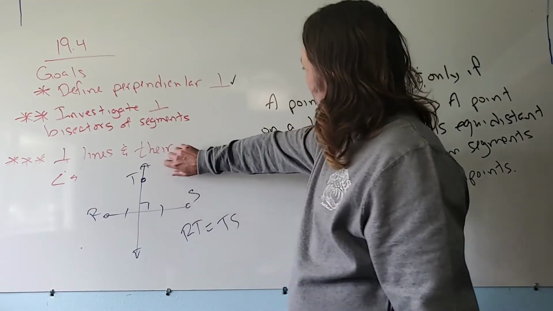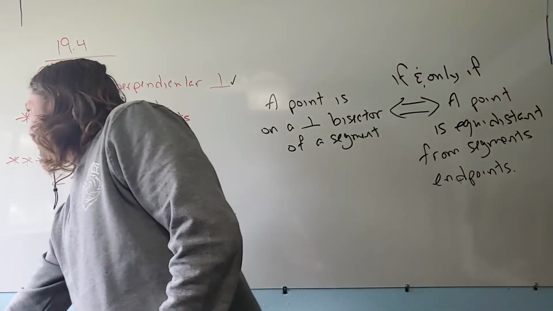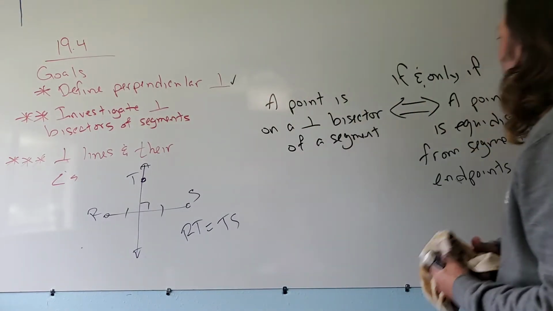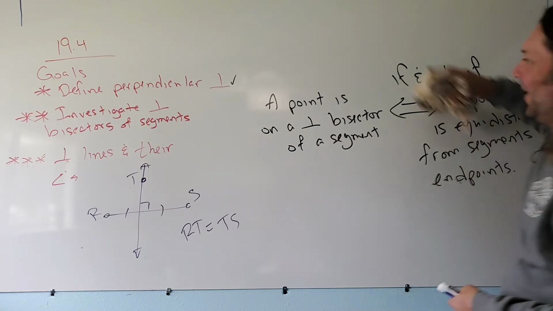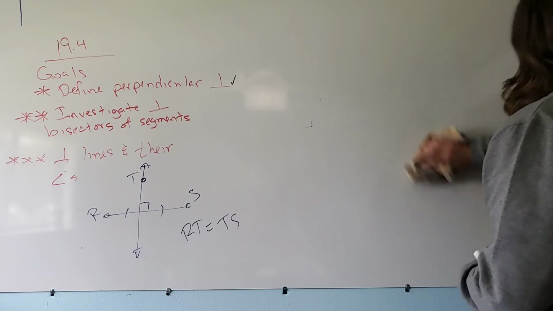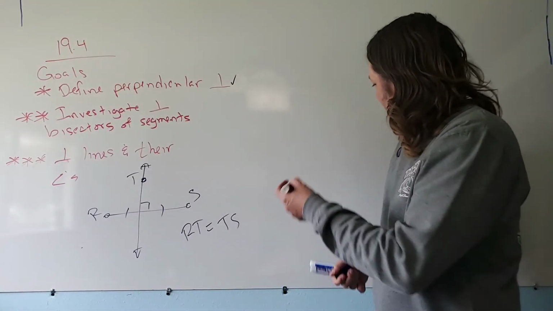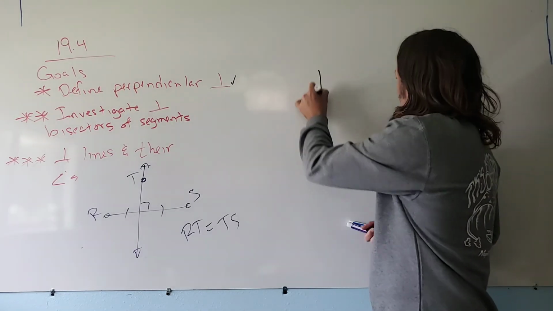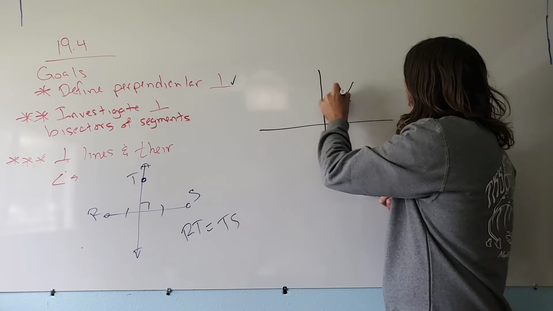I want to talk about my last concept, which is a fairly easy concept to wrap our minds around. This is probably something you might want to hit pause and write down. All right. The last goal for this is going to be perpendicular lines and their angles. If something is perpendicular, right here I have a right angle.